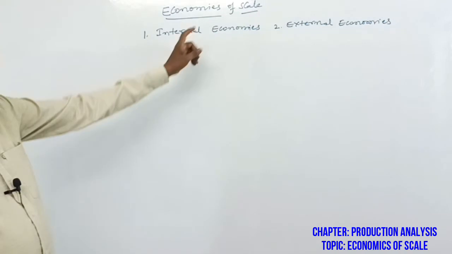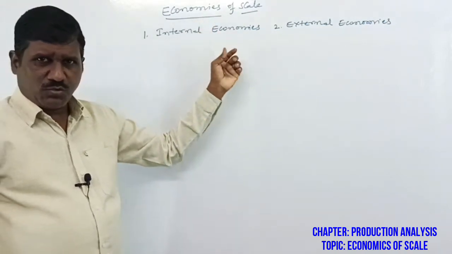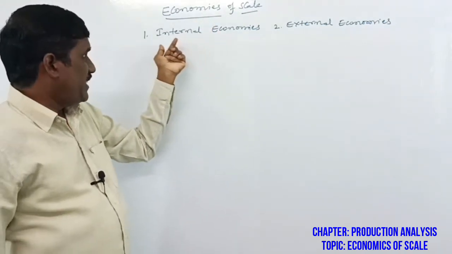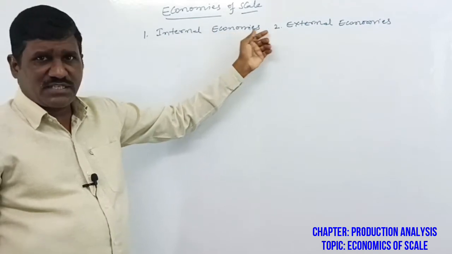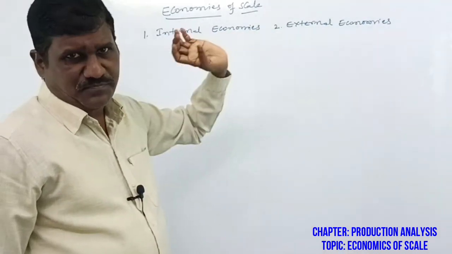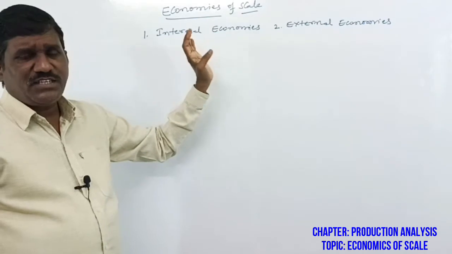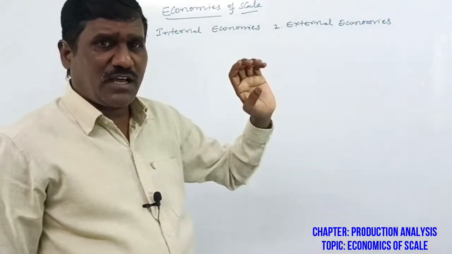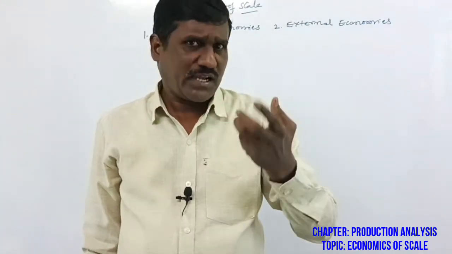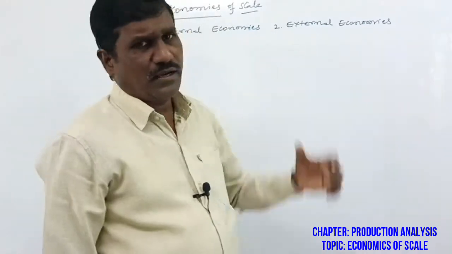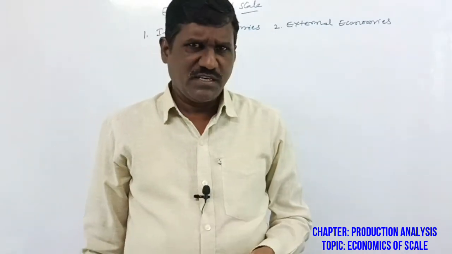Simple. Economies of scale is divided into two types: one is internal economies and the second one is external economies. What is internal economies, what are the reasons for internal economies to arise, and what is external economies? We will discuss this in this video.